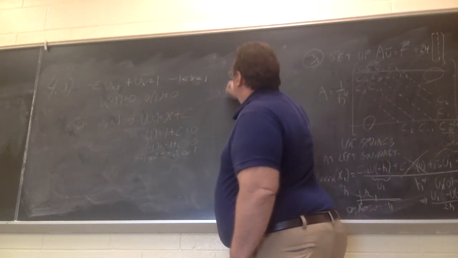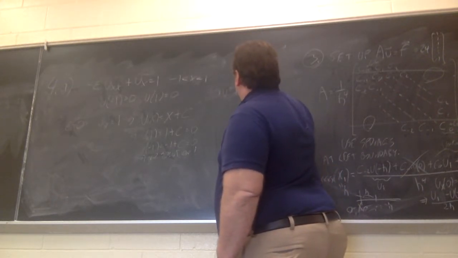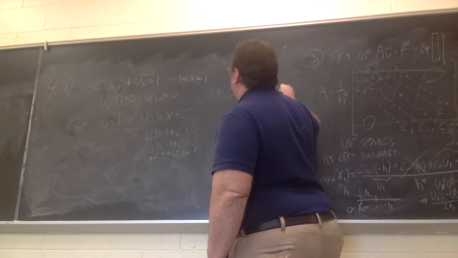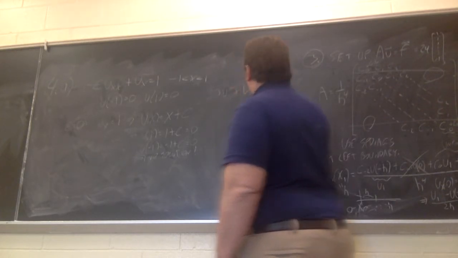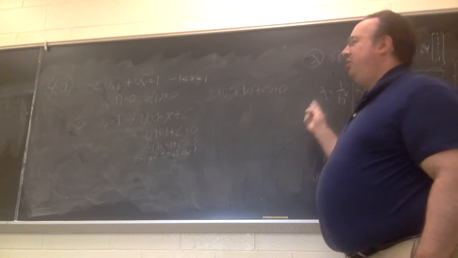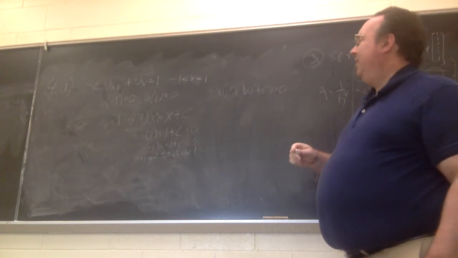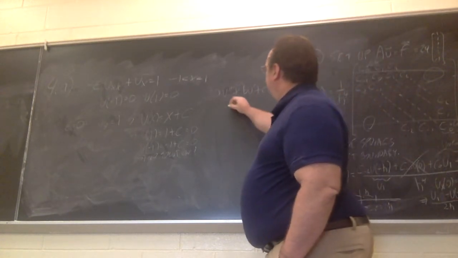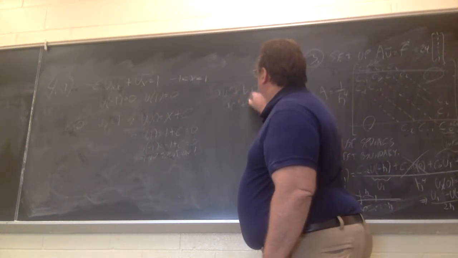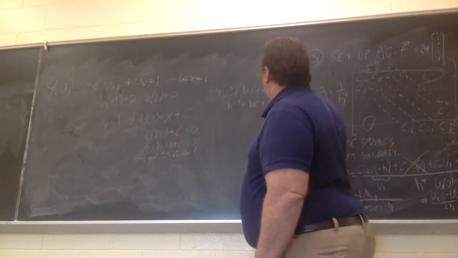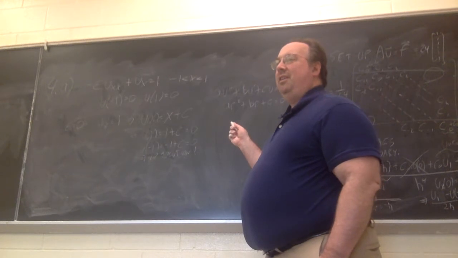If AU double prime plus BU prime plus CU is equal to, well, first procedure is where it's equal to 0, which is not what we have here, but the characteristic equation is AR squared plus BR plus C is equal to 0.